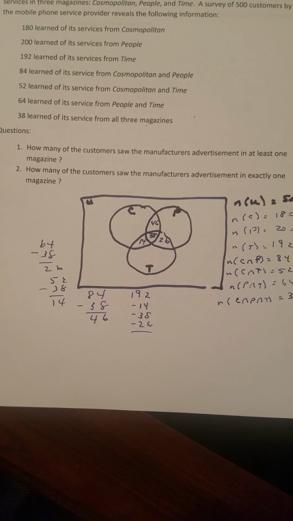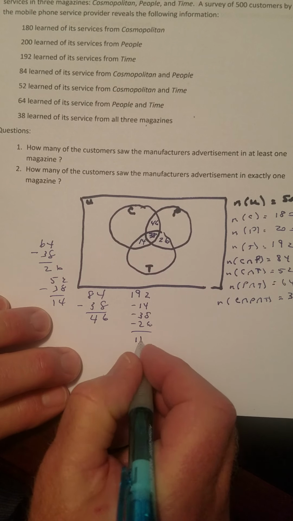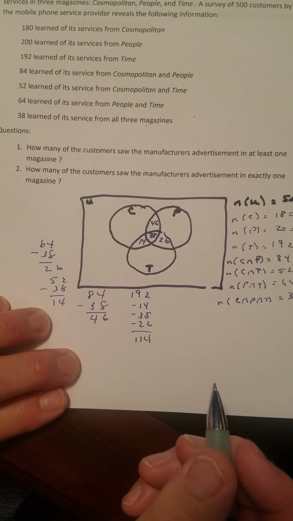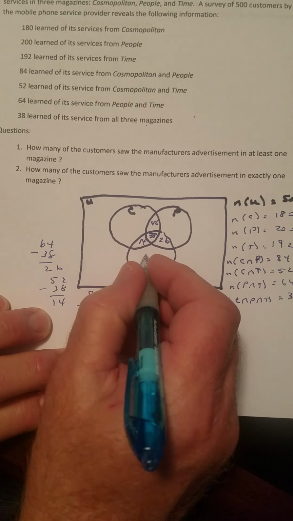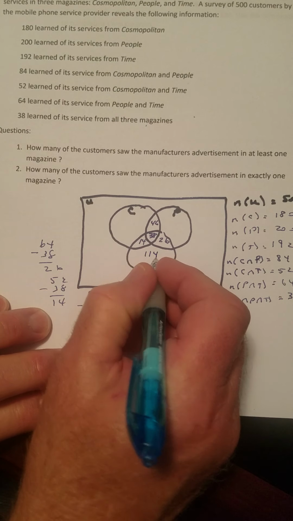I could do that, but I want to make sure it's right. And that number is going to be 114. So that was for, what did I start with? That's for Time. So there's 114 here.